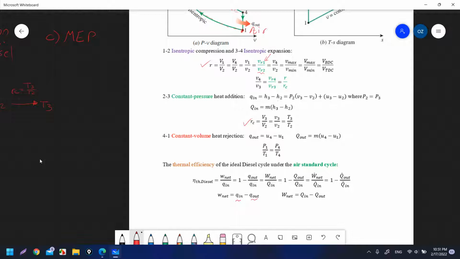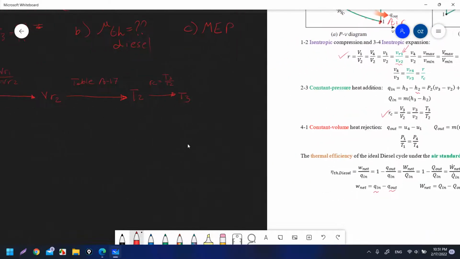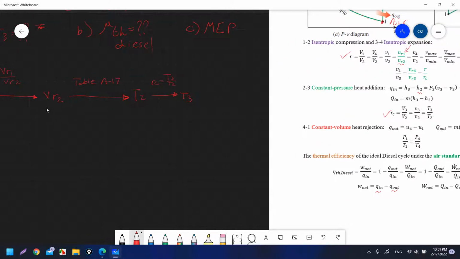Let's start with the states at the beginning, state 1, 2. For H2, do I have a property at state 2? I already got T2 from VR2, so I can also get H2 from table A17.